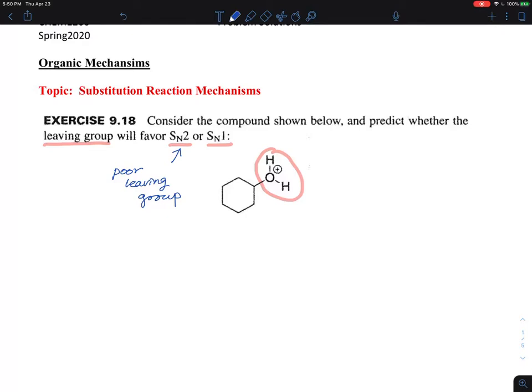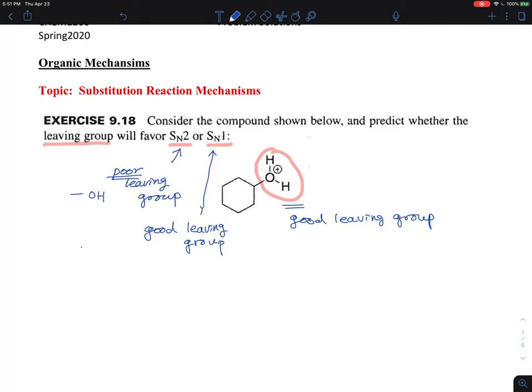If you look here, this compound has a protonated hydroxyl group, which is actually a good leaving group. Water is a good example of a good leaving group, and for a poor leaving group, one example is OH.